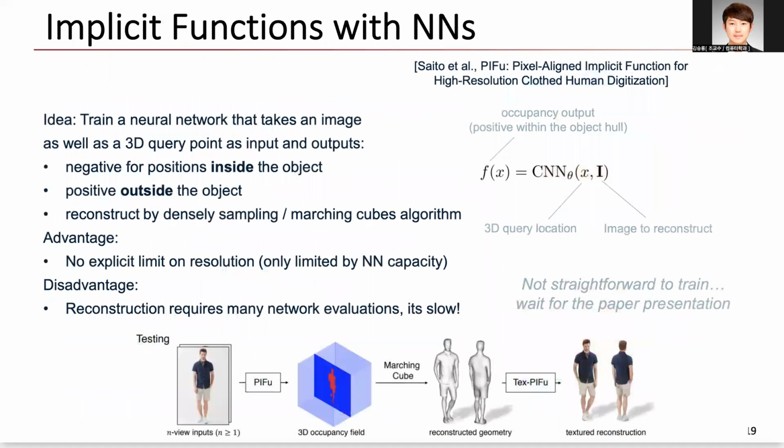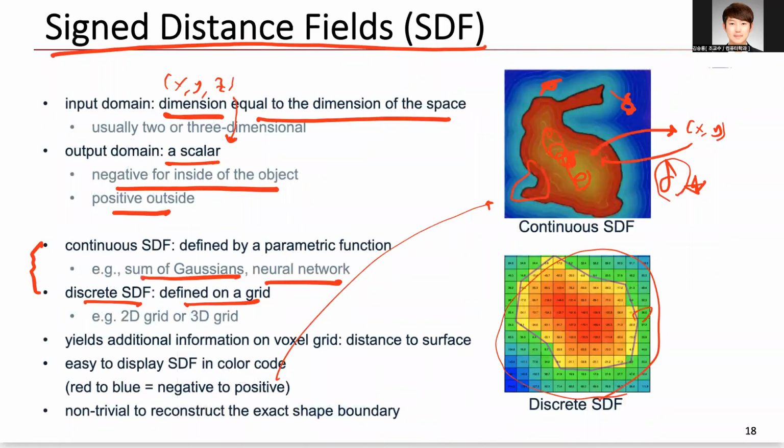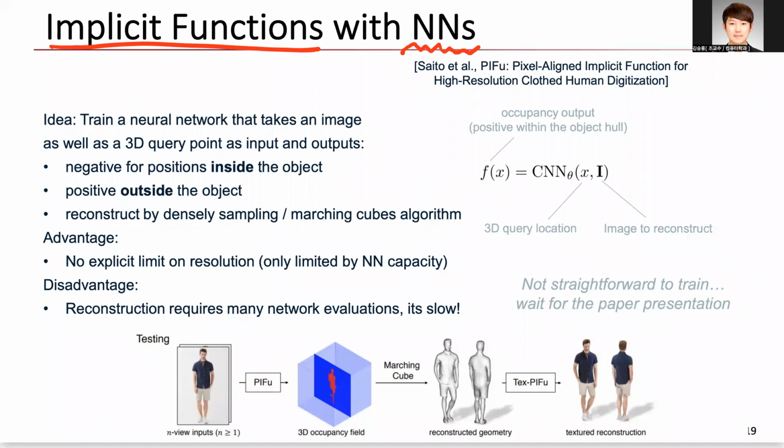After that, there was an innovative representation, implicit functions with a neural network. In fact, it is similar to the signed distance field. The idea is to train a neural network that takes an image as well as a 3D coordinate point as input, and outputs negative for positions inside the object and positive outside, similar to the SDF.